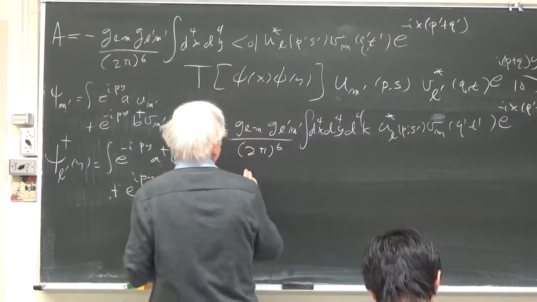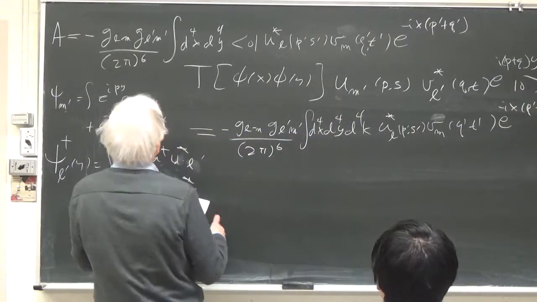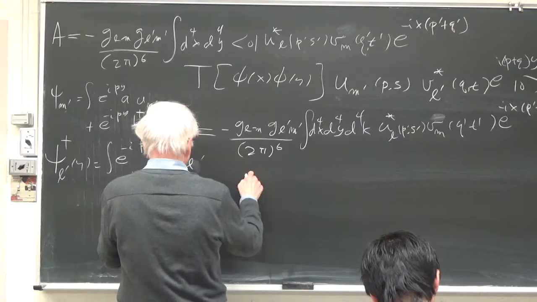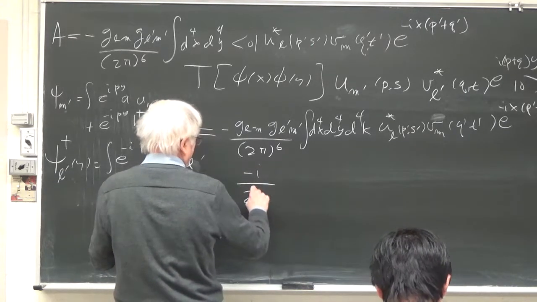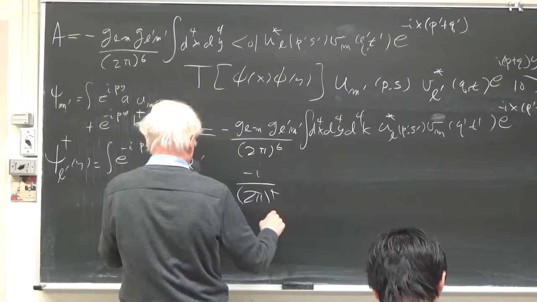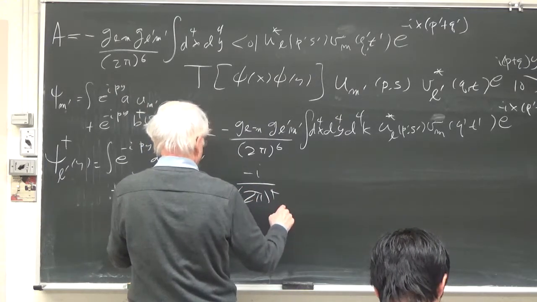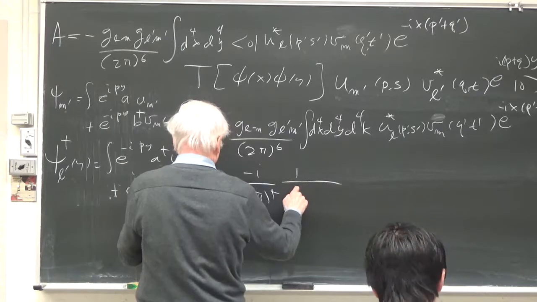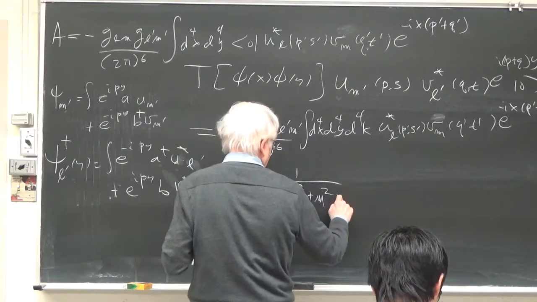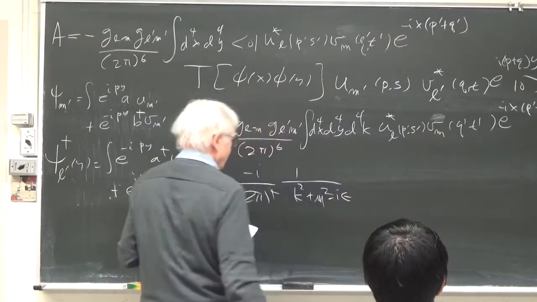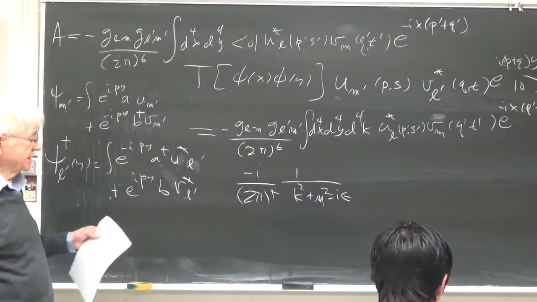And then this time-ordered product here brings in a minus i over 2 pi to the 4th, and a 1 over k squared plus m squared minus i epsilon, the i epsilon doesn't matter.